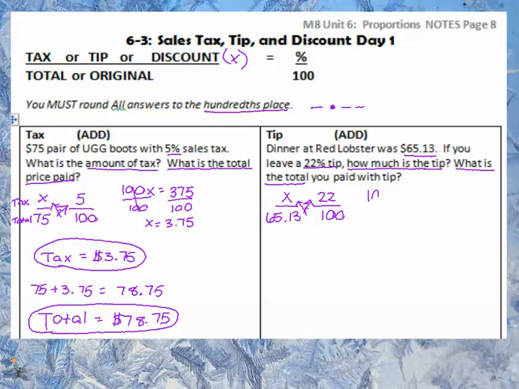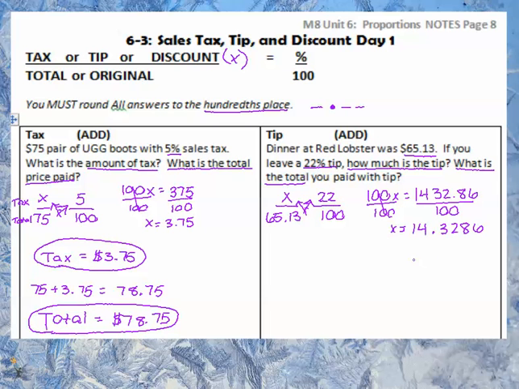I'm left with 100X is equal to $65.13 times 22 gives me 1432.86. Divide by 100 to get X by itself. I'm left with X is equal to 14.3286.